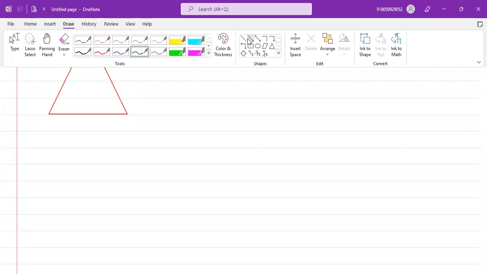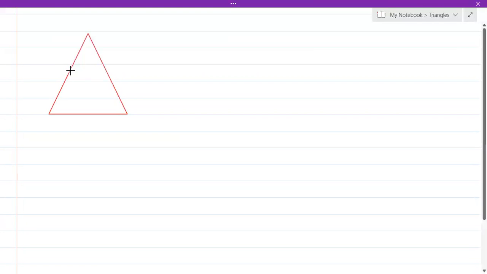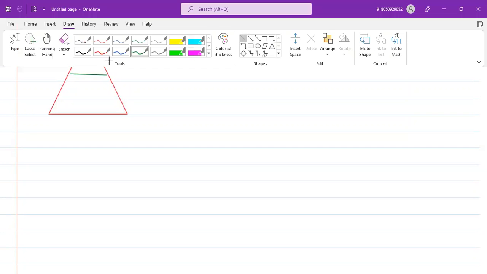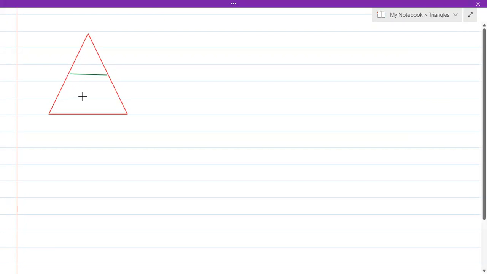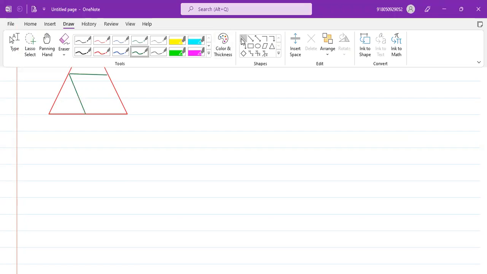So let's say D is midpoint and E is midpoint. Okay. D is midpoint, E is midpoint, and let's draw one more midpoint from D. Let's say F is midpoint. Let's complete it.